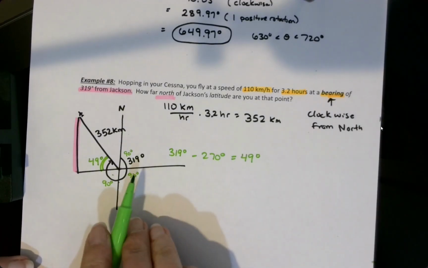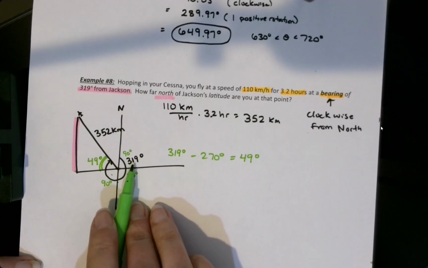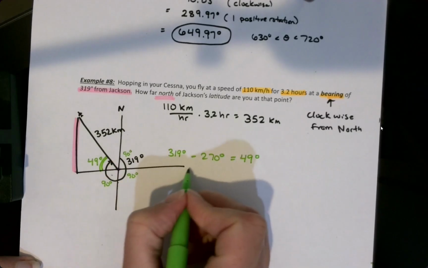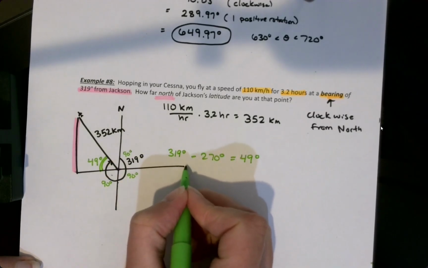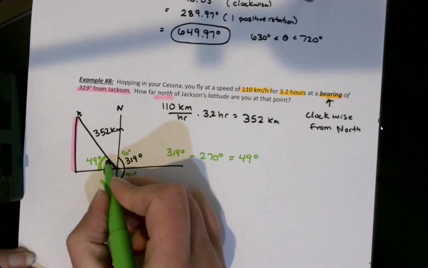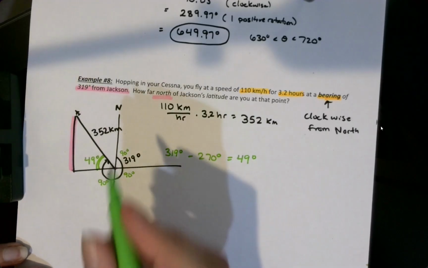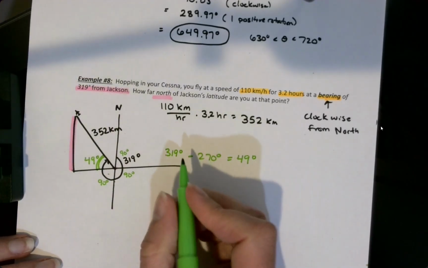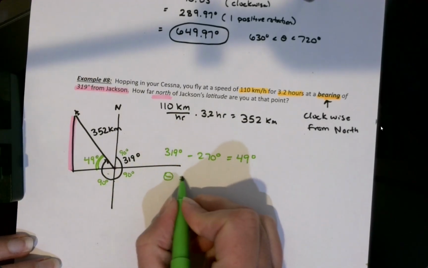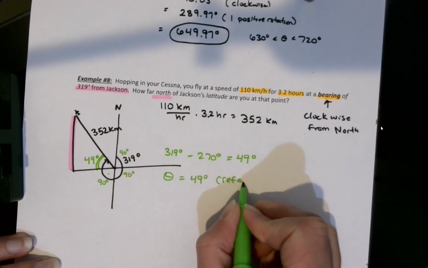In this case, I cannot use the sine, cosine, whatever of 319 itself because that's not a traditional measure. The sine measures always measure from the x-axis itself. And this is measuring from the x-axis. I can use a theta which has 49 degrees as its reference angle.